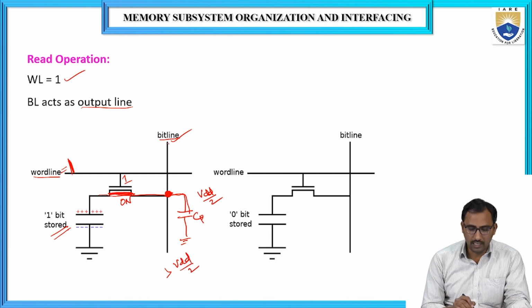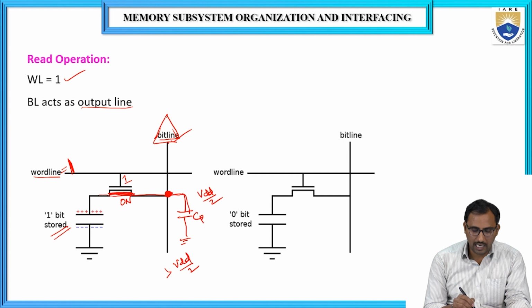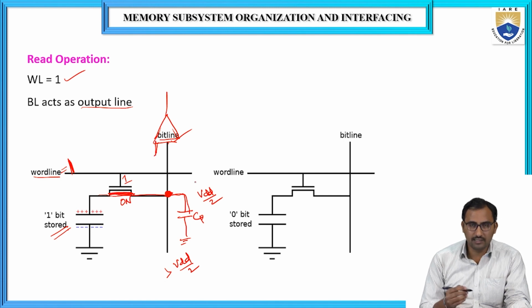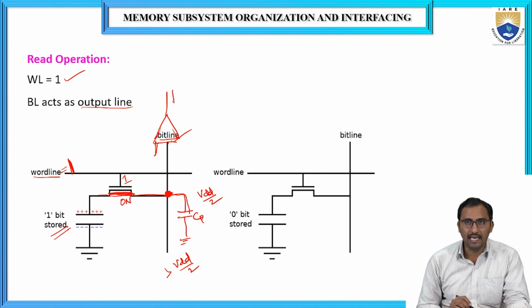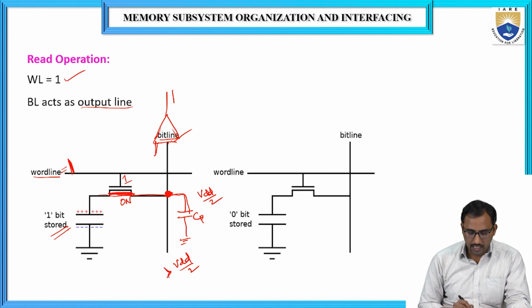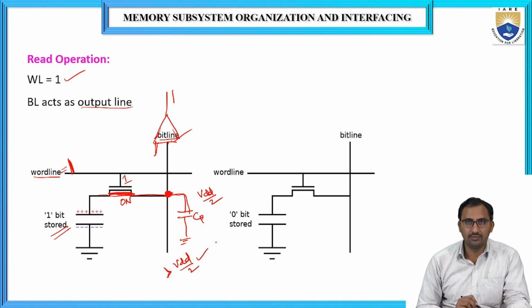This bit line we are giving to the sensing amplifier. Then the sensing amplifier will give the output as a logic 1, as the bit line voltage is more than VDD by 2.